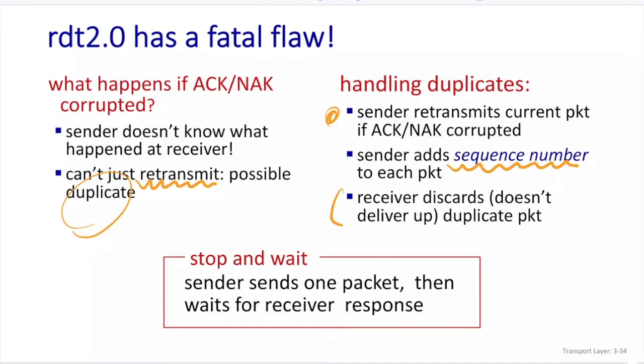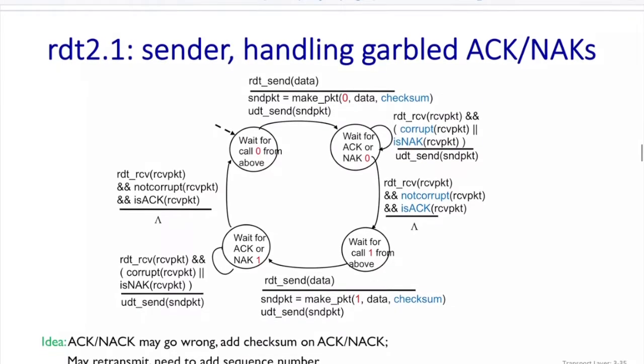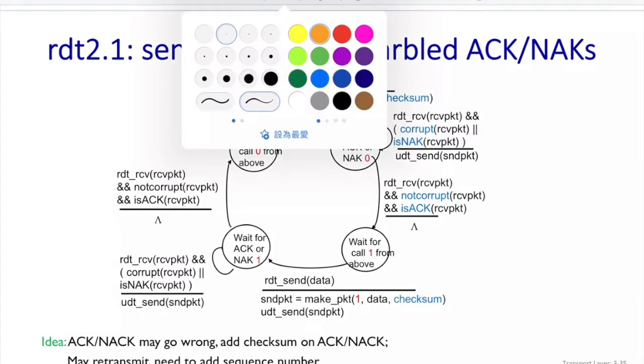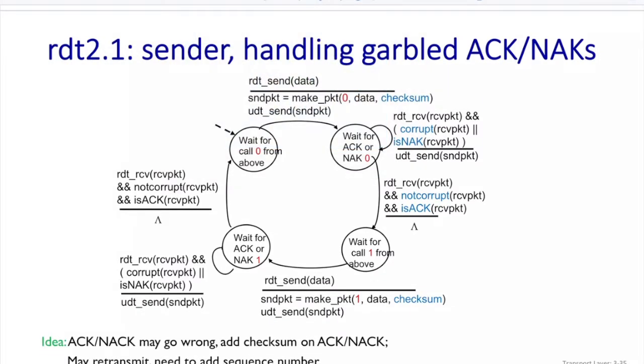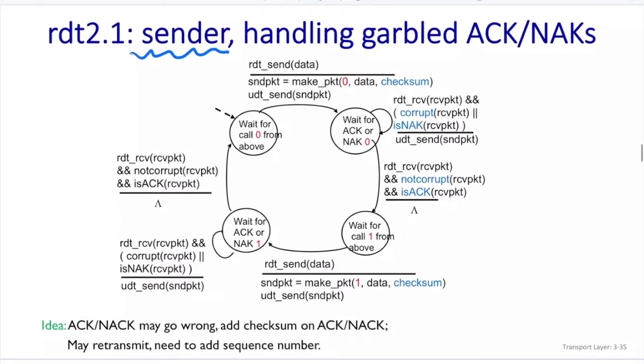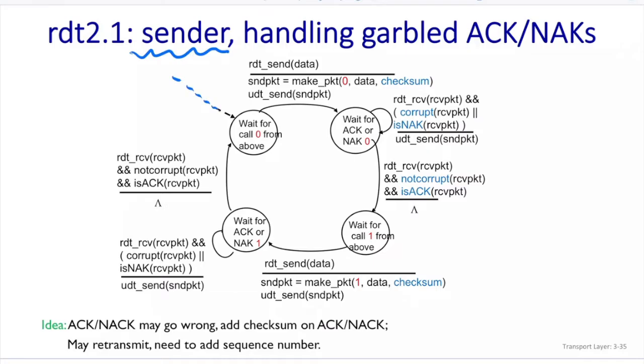Okay, so let's take a look at this one. It is more complex here, so make sure you follow. That is the finite state machine. This is the initial state. Since we now have a sequence number mechanism, at the first place the sender will wait for call from above, but the message here is number 0.